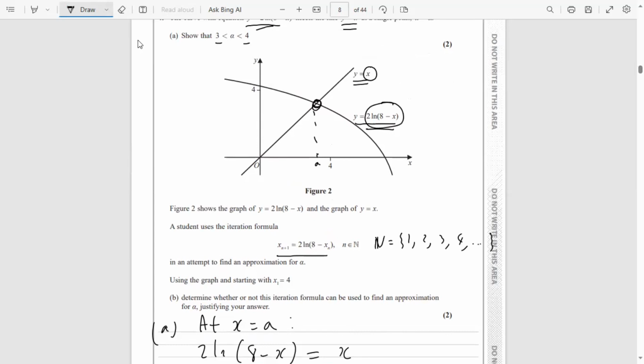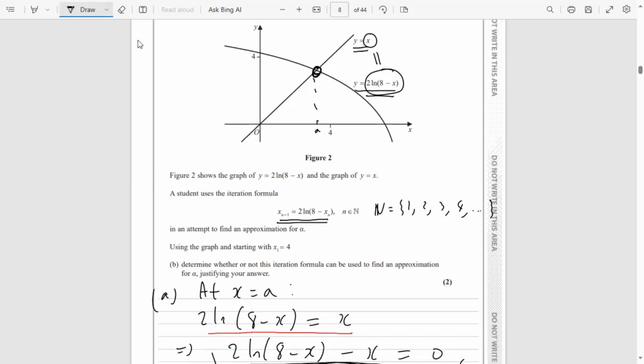The whole point of an iterative formula is to approximate a solution to an equation by getting a formula for x equal to some expression, which is equivalent to setting this x equal to this there. So this is just a formula to generate a sequence of numbers which hopefully will approximate this solution.